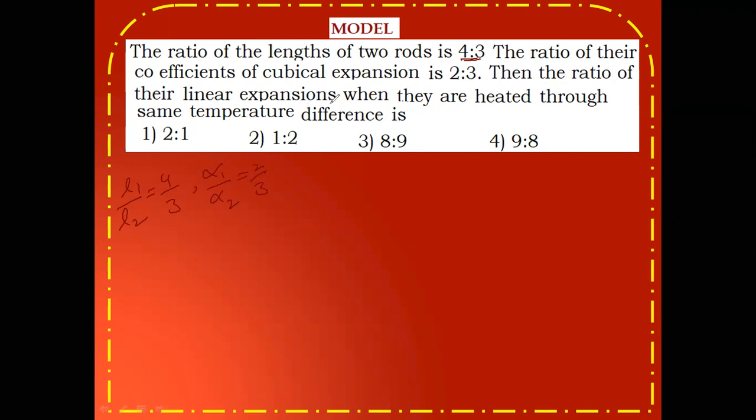Then they are asking about the ratio of the linear expansions, that means delta L of 1 upon delta L of 2 is equal to question mark, when heated through the same temperature difference. So delta theta of 1 is equal to delta theta of 2.